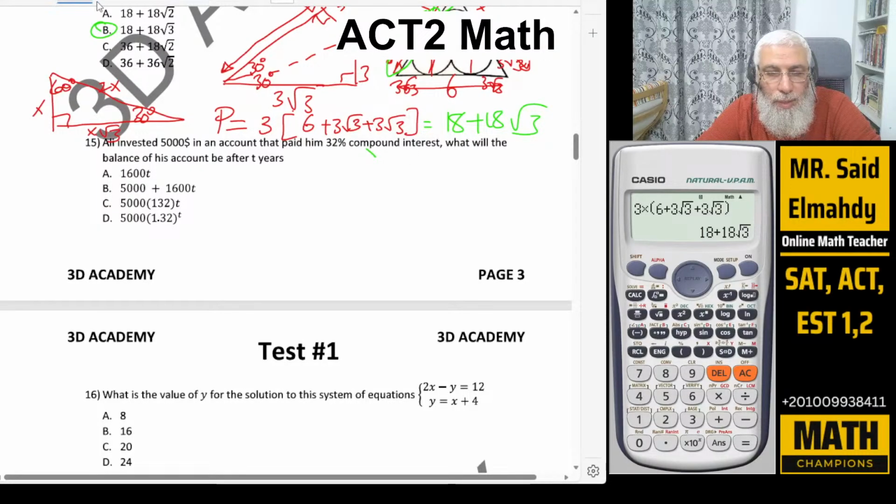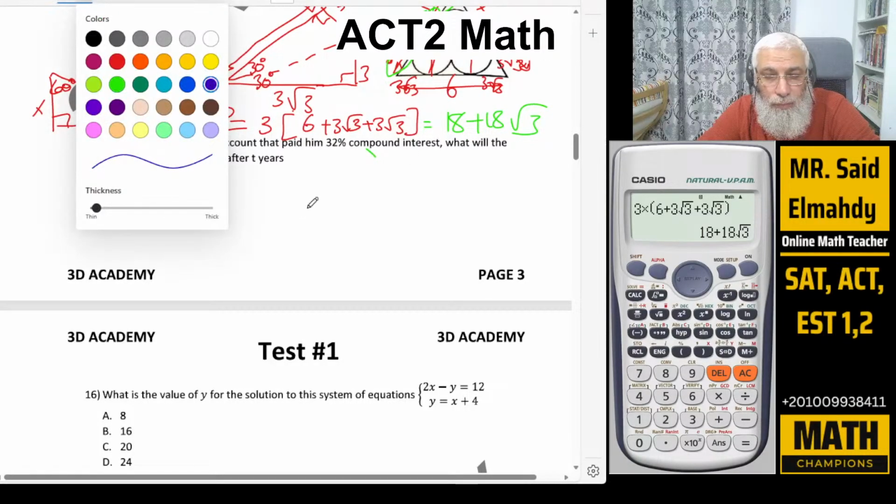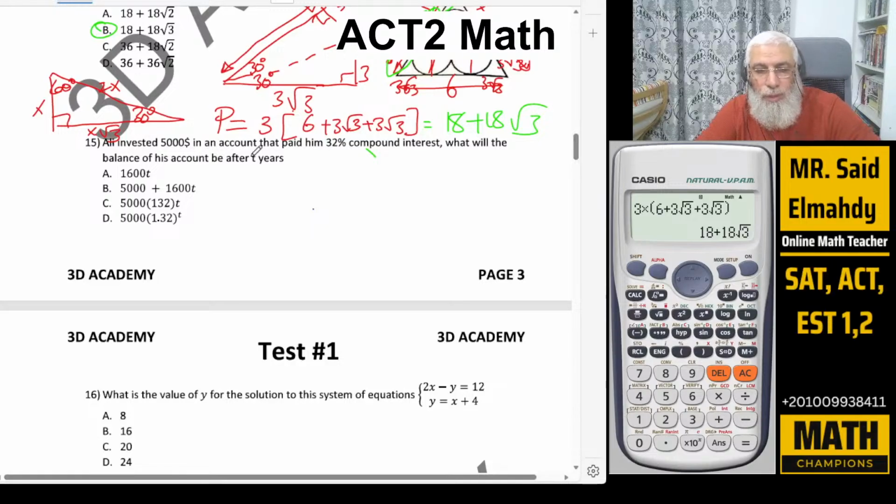Number 15, Ali invested $5,000 in the account that paid him 32% compound interest. What will be the balance of his account after 1 year? So the final is equal to principal multiplied by 1 plus ratio, close bracket, power t.